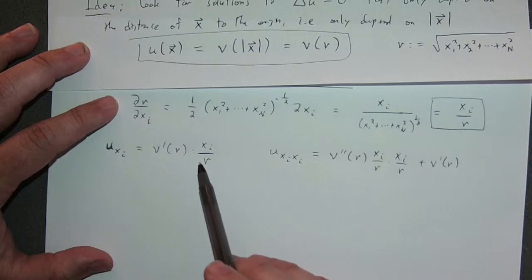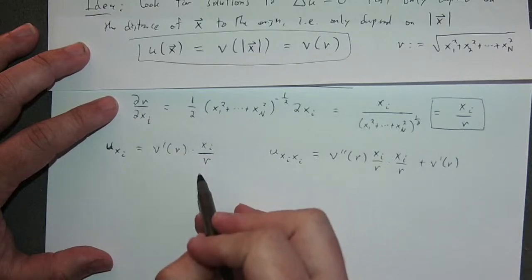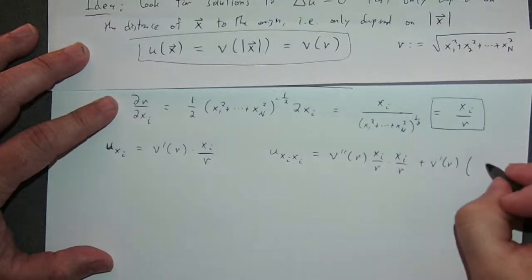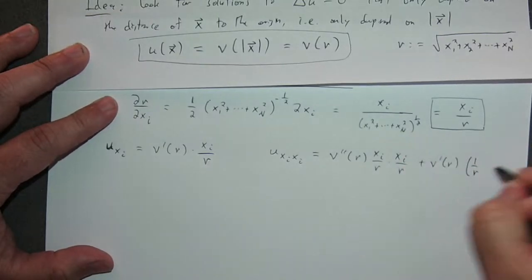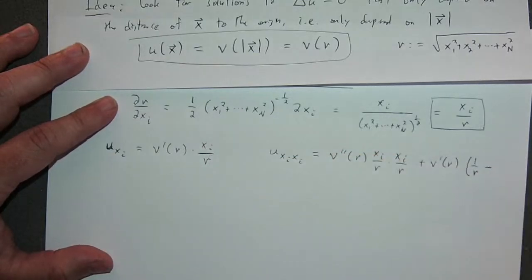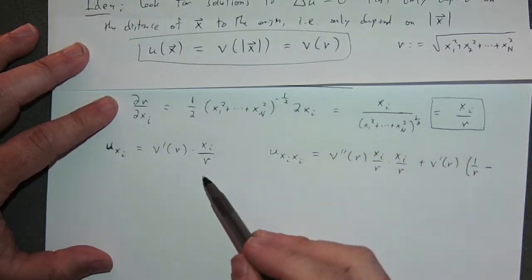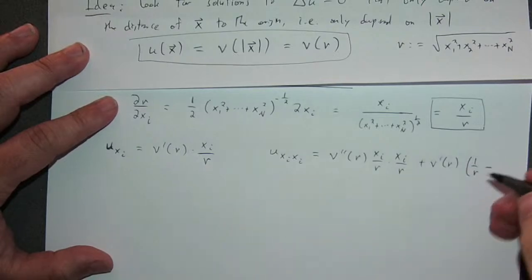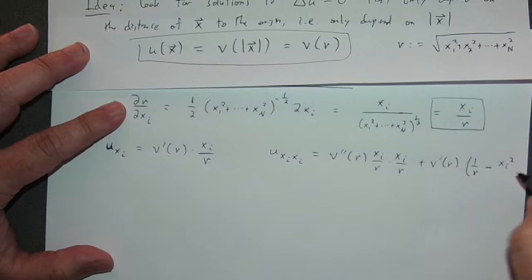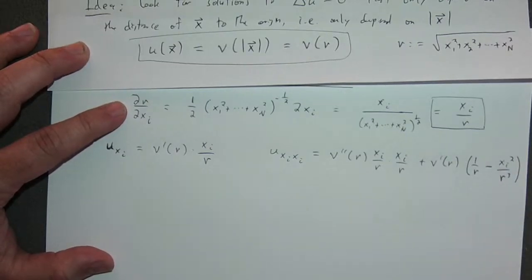Being careful with the derivative and its algebra, after all of the algebra is done, I get 1 over r minus x sub i squared over r cubed.